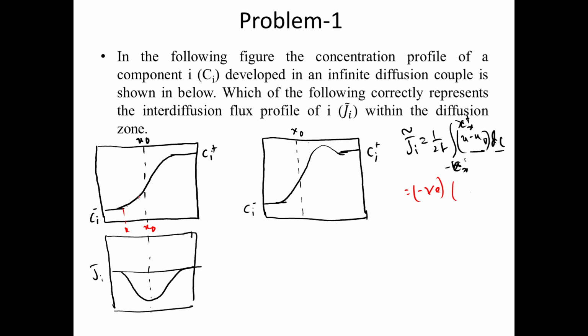This is the final value and this is the initial value. This is positive. That's why it is negative, and that's why we got a negative value here.